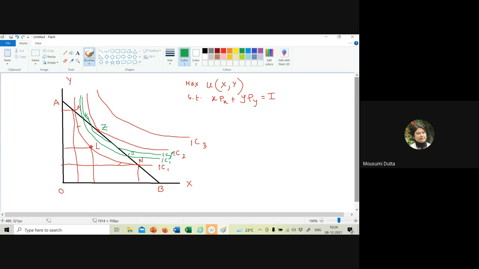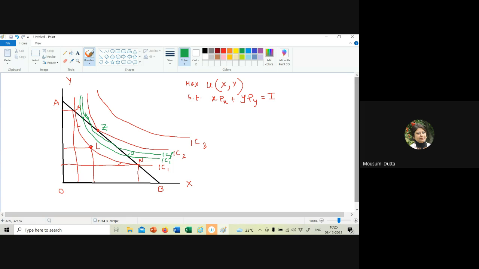So we are getting some idea that in an indifference map, the consumer will try to move continuously to higher and higher indifference curves. And when a particular indifference curve makes a tangency between the budget line and the indifference curve, that is the maximum attainable level of utility.